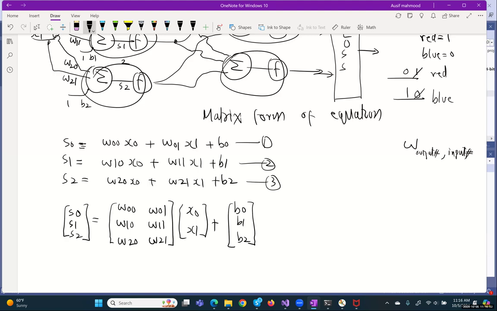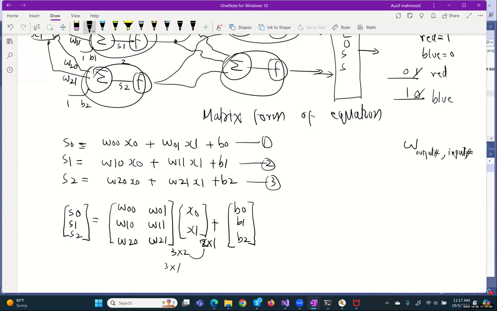remember in matrix by vector multiplication, what is the size of this matrix? We always go rows by columns, 3 rows, 2 columns. So then what is the size of X matrix? 2 by 1. These have to match in matrix multiplication, otherwise we cannot multiply. So what will be the answer as we multiply 3 by 2 with 2 by 1?